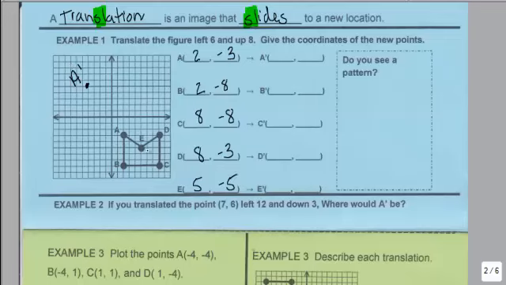And E, when I move it over and up, will be right there. That is E prime. This little thing here means prime. It means you have moved it once. You will add a second one if you moved it twice, and a third one if you've moved it 3 times, and they are called primes. So this is A prime, and this is E prime.